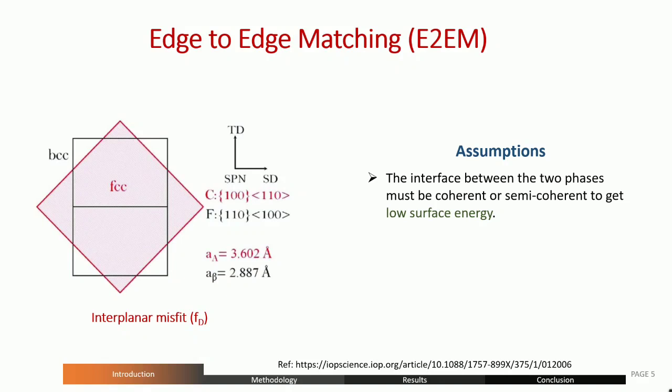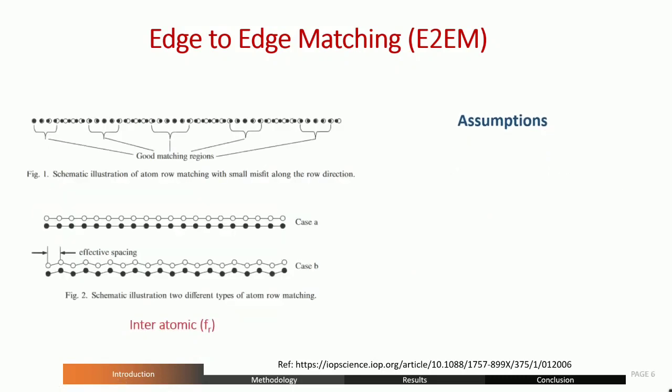The assumptions are that the interface between the two planes must be coherent. As we can see, BCC and FCC are coherent on each other. There can be some angle difference, but it should be at least partially or completely coherent. The main aim is to achieve a very low surface energy. This is the main requirement for E2E matching, that it should have as little energy as possible.